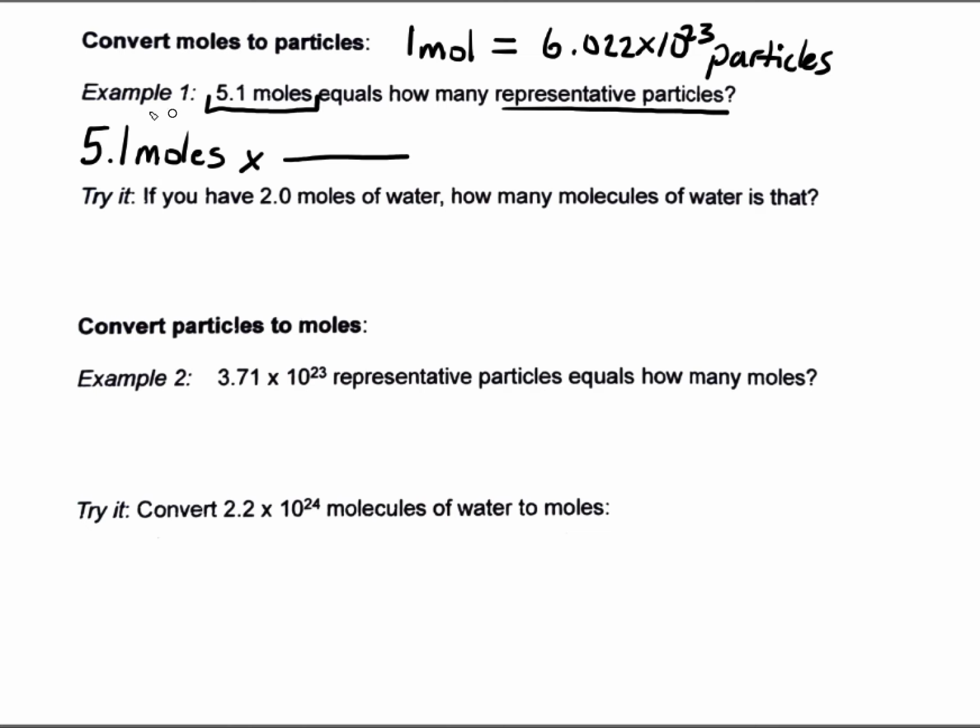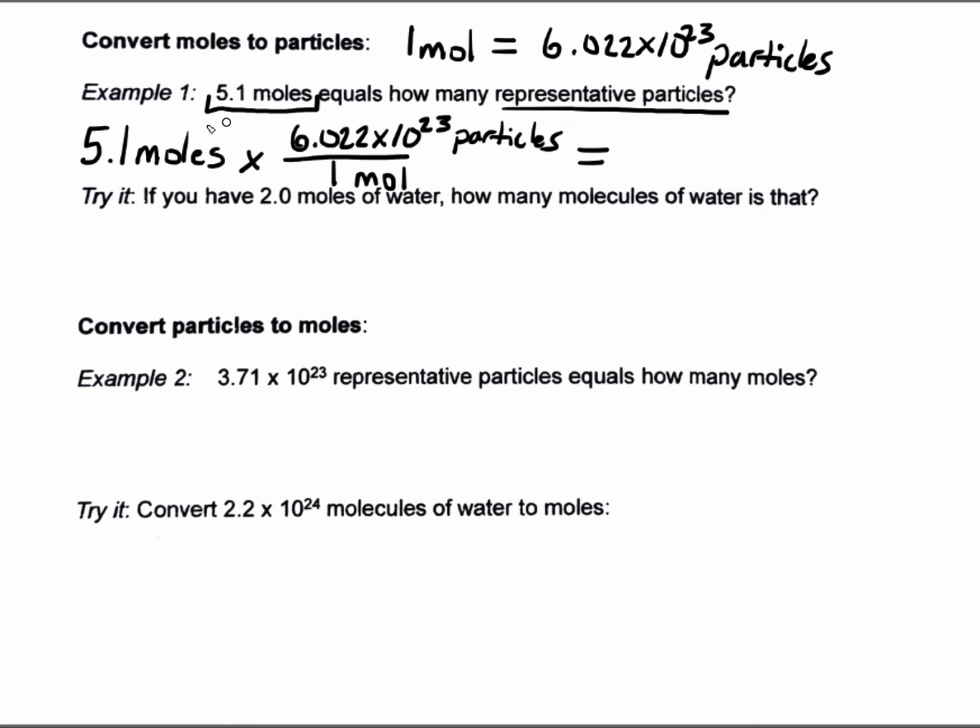So if I have 5.1 moles and I want to convert that to individual particles, that means I want particles on the top of my conversion factor. So I'm going to put this number on the top and moles on the bottom. So it would be 6.022 times 10 to the 23rd particles over 1 mole.